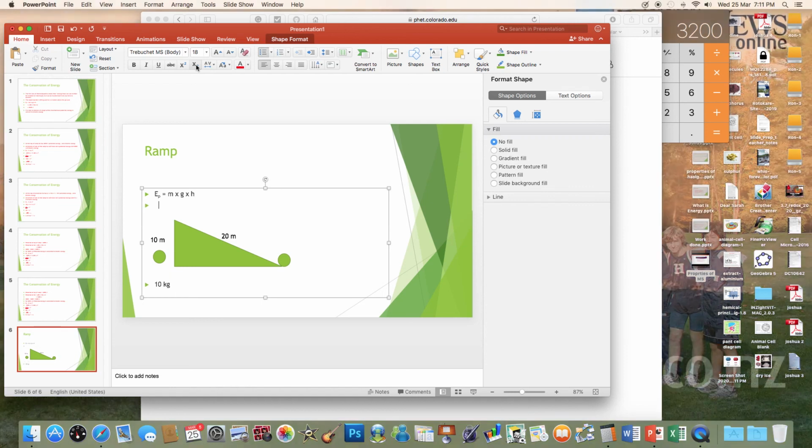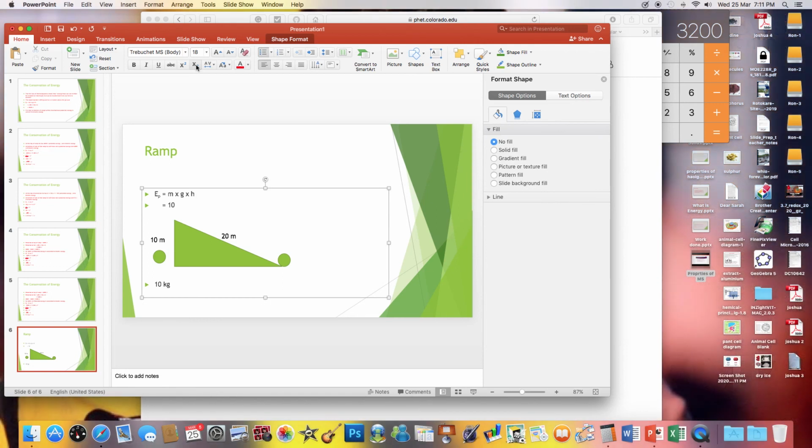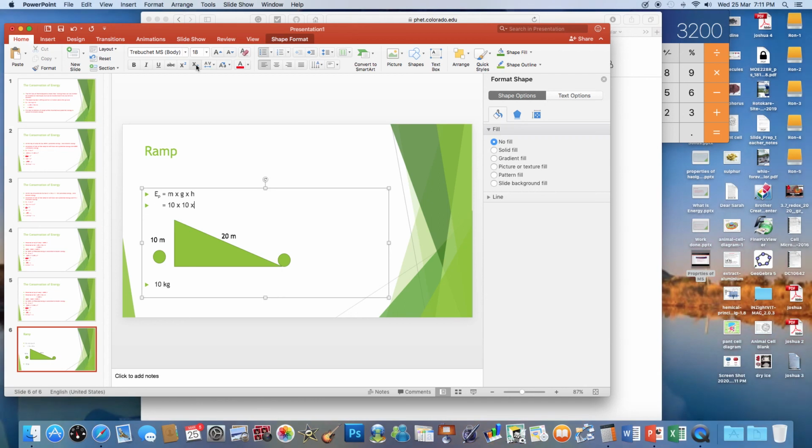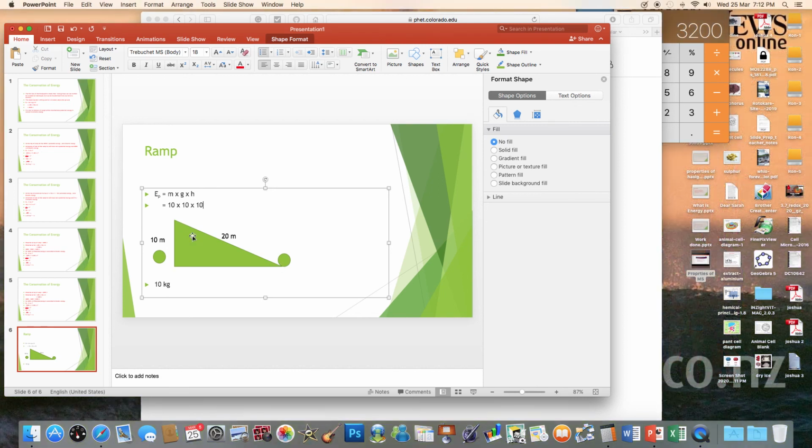So it's going to gain, no matter which way you put it, 10 times 10 times 10, because the height that it rises is 10 meters, even though it's going up the ramp there.